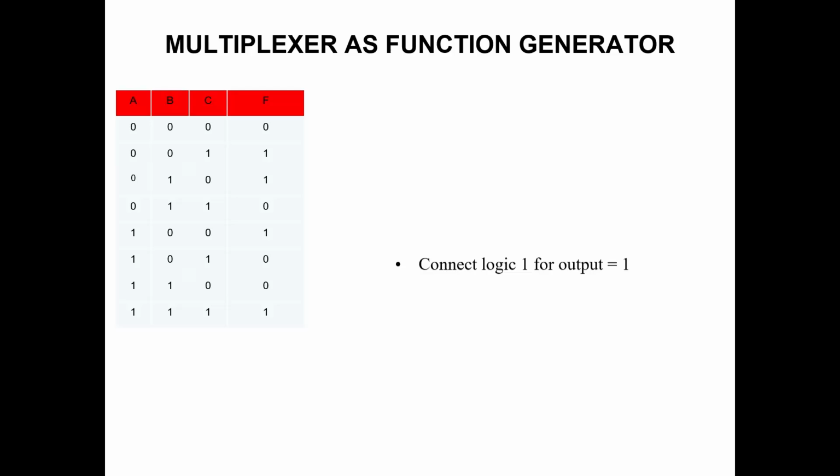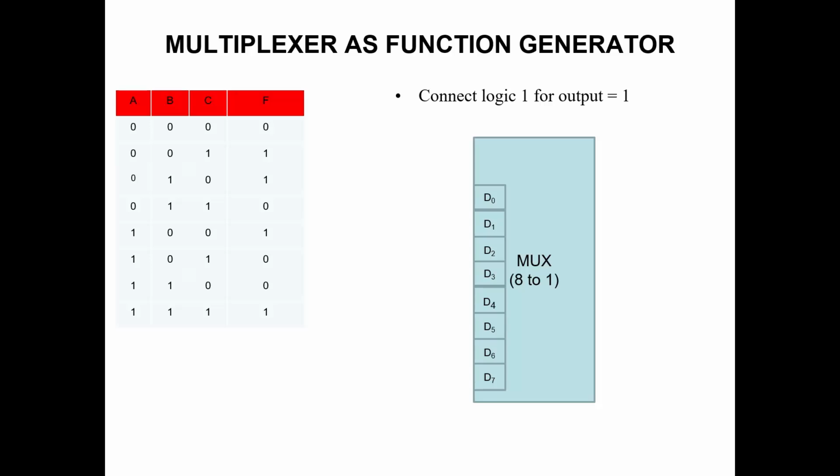The second step is to connect logic 1 for the input combinations for which the output is 1. Here we have an 8 to 1 mux since we have 8 different combinations.